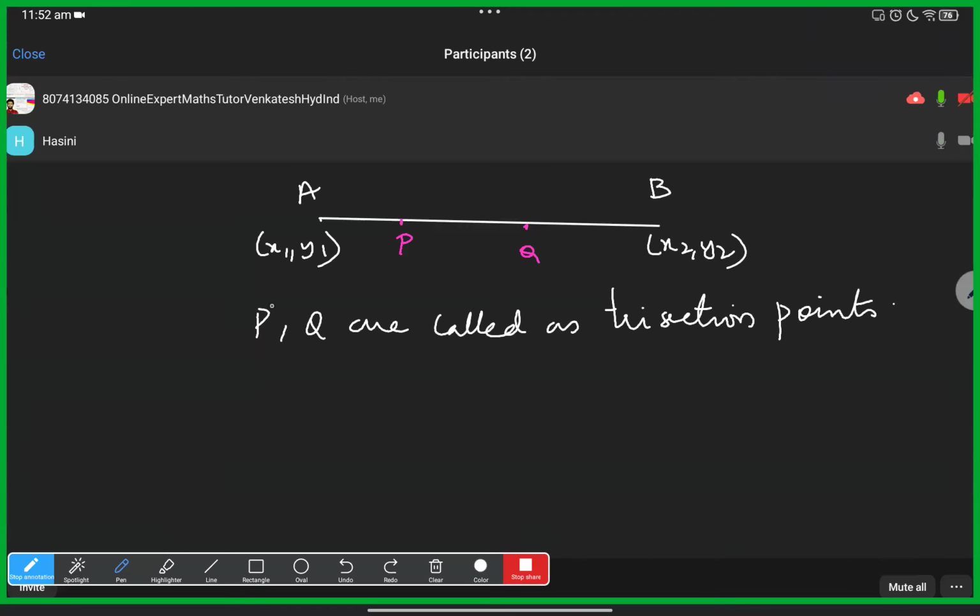Now the question will be: find the points of trisection dividing the line segment joining A (x1, y1) and B (x2, y2). Here you should understand that trisection means, if this is one part, the remaining two parts are the rest. When finding P, P divides AB in the ratio 1:2.